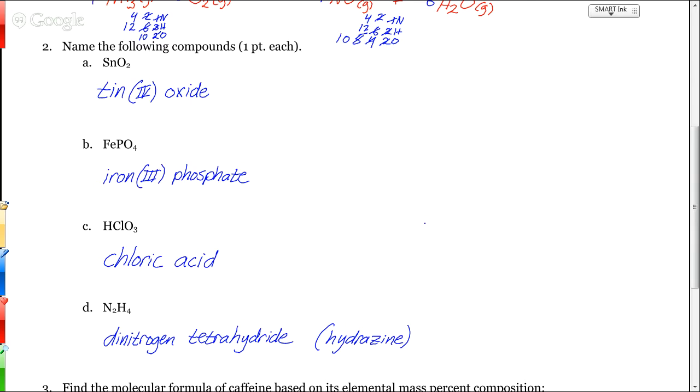Can it also be tin 2 oxide? It can't be tin 2 oxide because oxide has a 2- charge, and there are 2 of them. So we need a total of 4+ to balance those. But if you saw the O2 as peroxide, that's a 1- charge, then it could be tin 1, which doesn't exist, but for the purposes of the quiz, yeah.